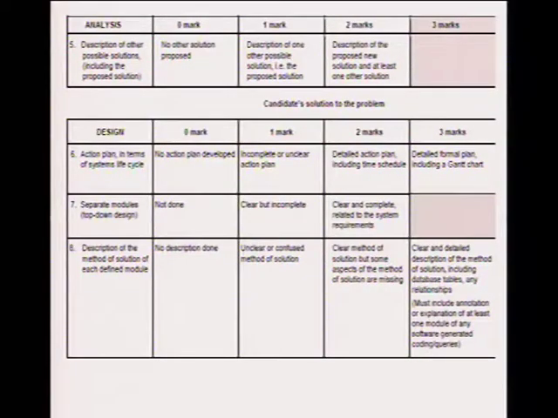No action plan developed, 0. Look at the next one. Incomplete or unclear action plan, 1. So you give me an action plan. It does not make sense. I will take away the none, keep the sense, and give you 1. Incomplete, unclear, confusing, I will give you 1.